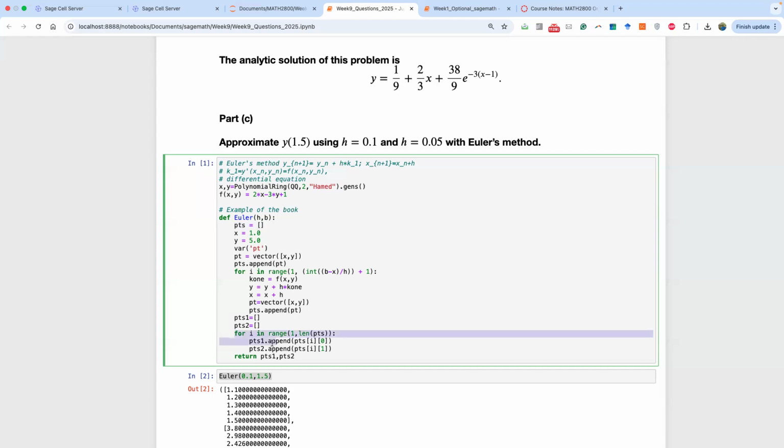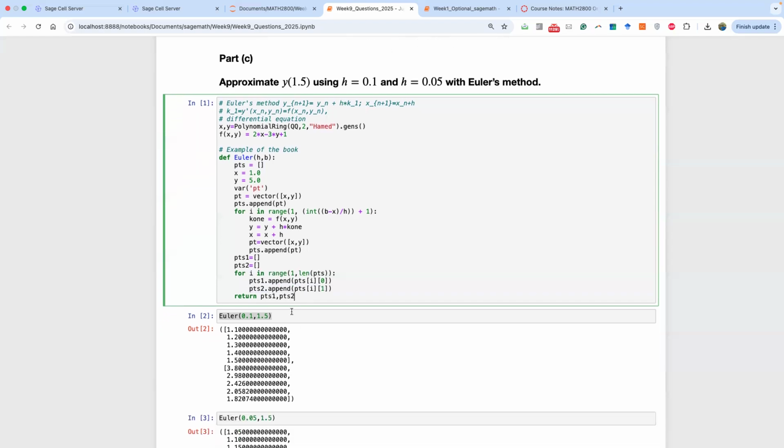It's possible to write these things better, but it's okay. We extract these here: index 0 in Python or SageMath means the first component, which will be inside PTS1, and the second components, I mean y's, will be inside PTS2.